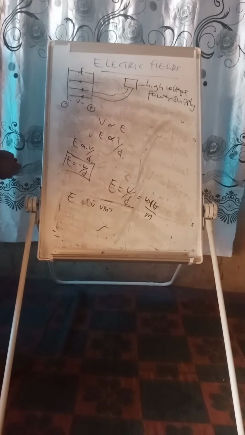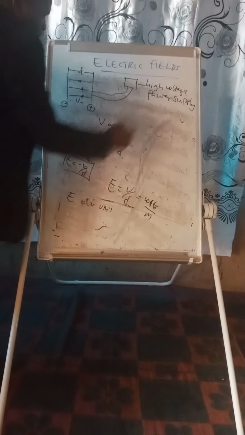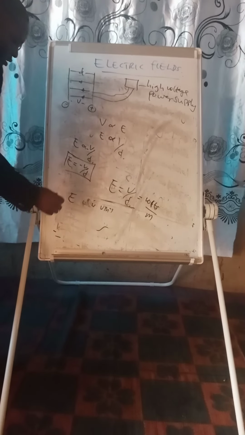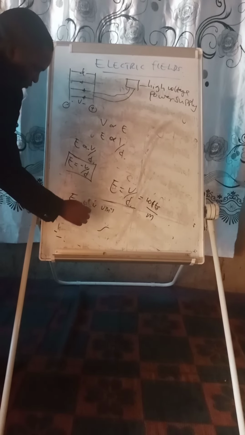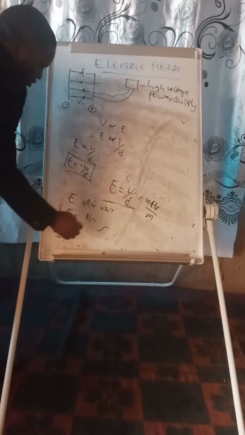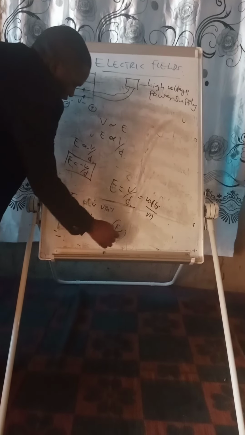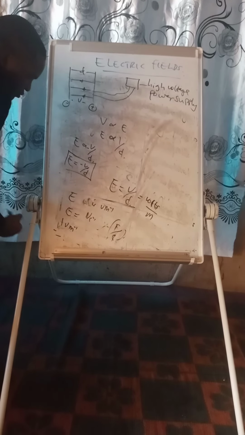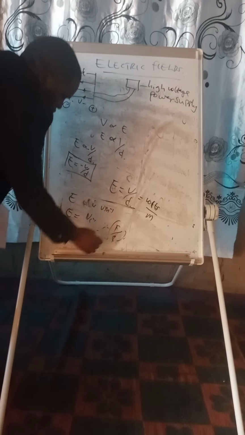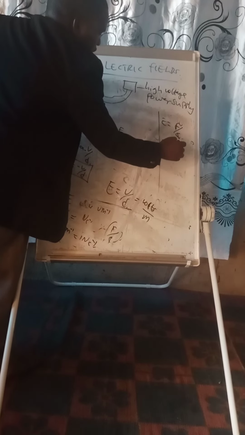But remember, electric field strength is also given by force over charge, so Newton per Coulomb. So we find that 1 volt per meter is equal to 1 Newton per Coulomb, because electric field strength is F over charge, and also potential difference over distance of separation.